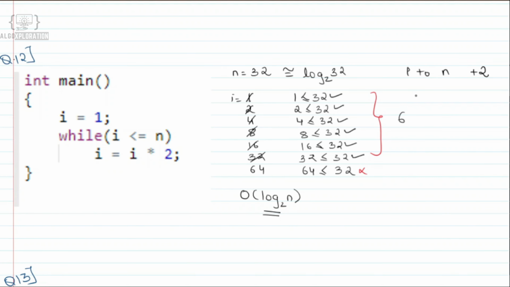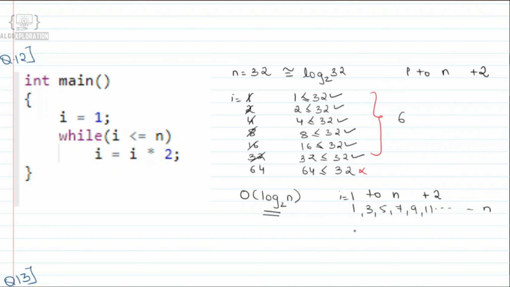In the previous problem, initially i was 1 and we had to reach n by adding 2. So 1, then 3, then 5, then 7, then 9, then 11, and so on. It has to reach n.